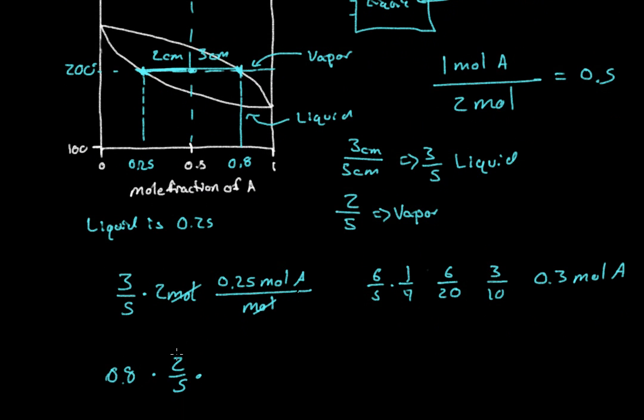Okay, make sure I'm doing this right. Sorry, it's 2/5 times 0.8 moles of A per mole, and the system is made up of 2 moles, so this mole and this mole cancel out.